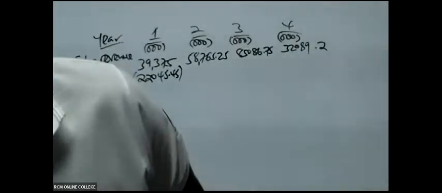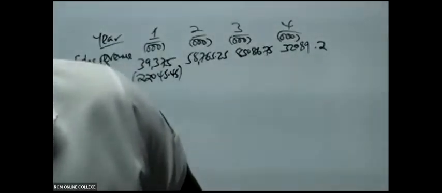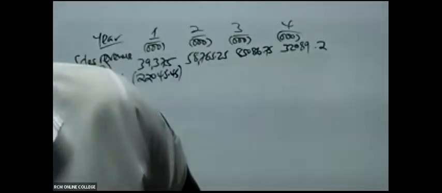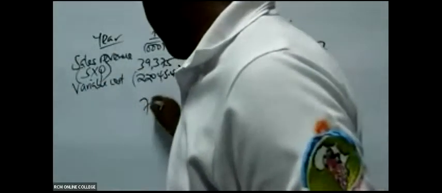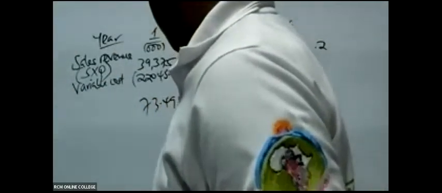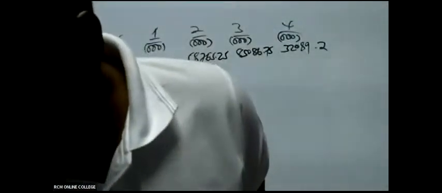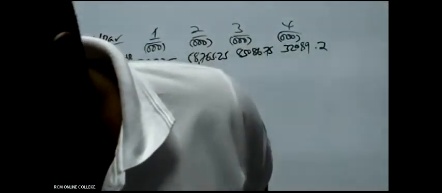Let me see here. Our variable cost, inflated, the new figures, for year 1 was 73.49. We multiply 73.49 by our sales volume. It was 300.